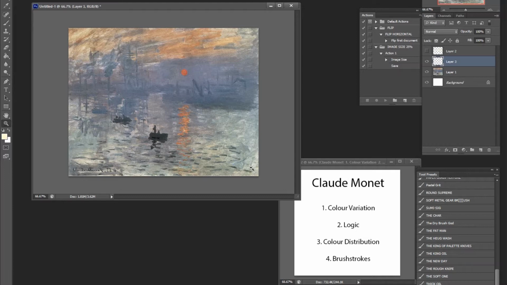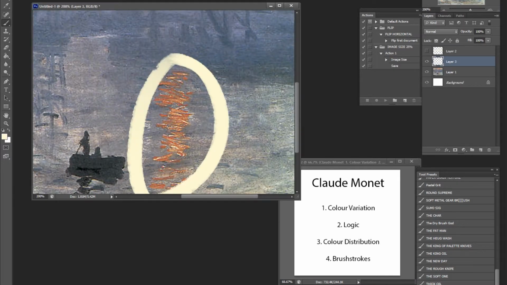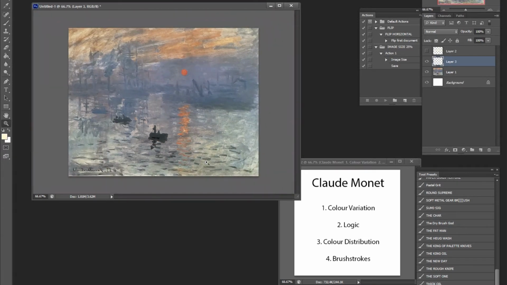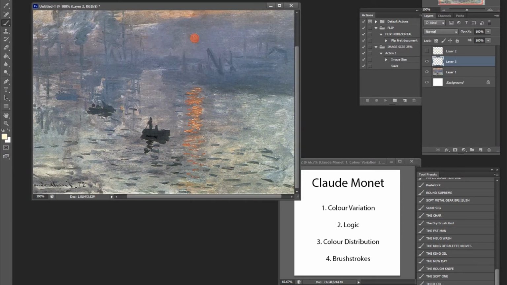Now, brushstrokes, briefly, these brushstrokes are very confident, very deliberate to symbolize certain things in this particular scene. So, for instance, again, look how deliberate these brushstrokes are for the reflection of a sunset. No need to render every little ripple of water.